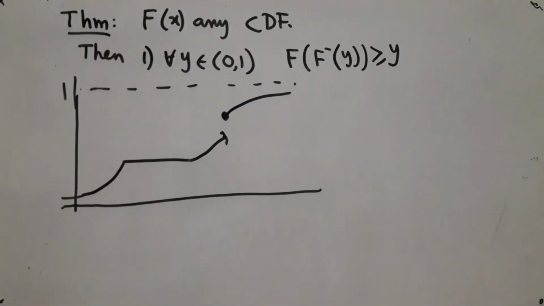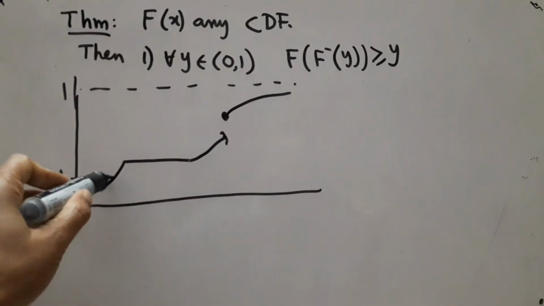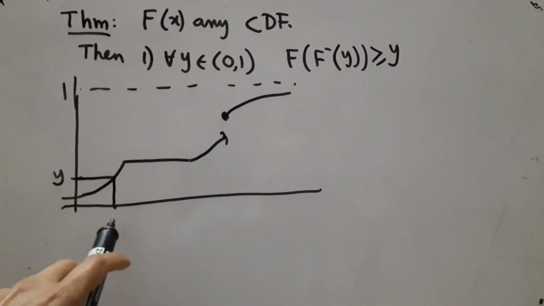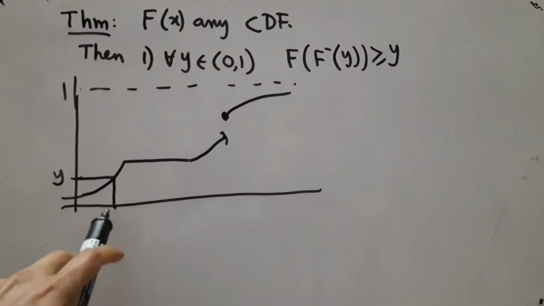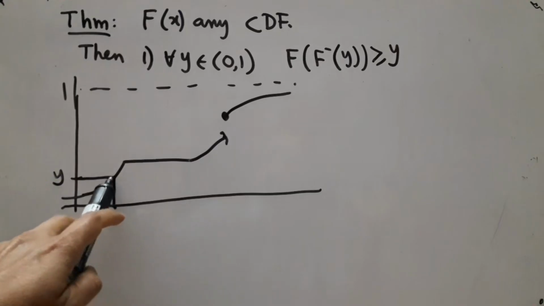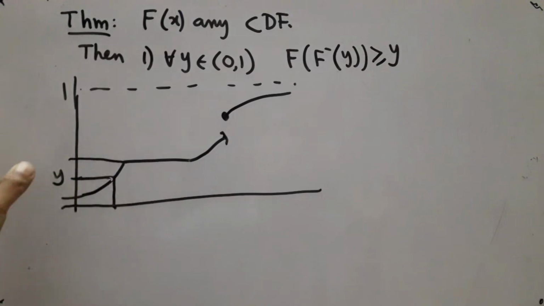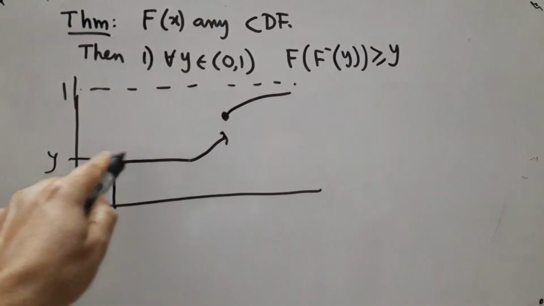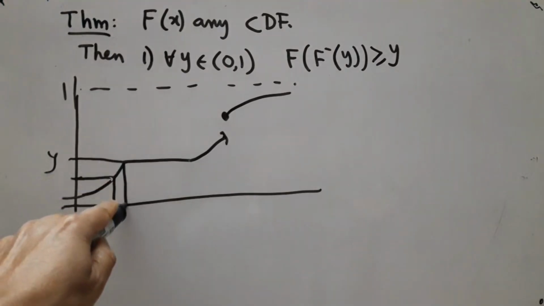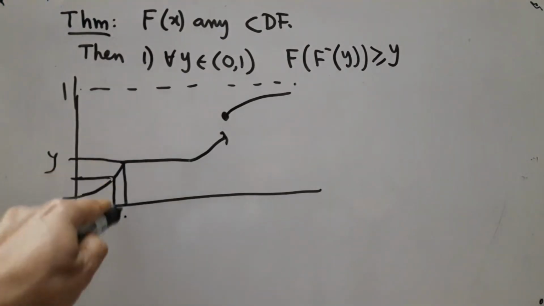Now if you take y here, in that case F^-(y) will be here, and you can immediately see that F(F^-(y)) is equal to y. So you get equality. If you take it here, in that case also the same argument holds, because F^-(y) will be the leftmost point, and again you see the value there is y.